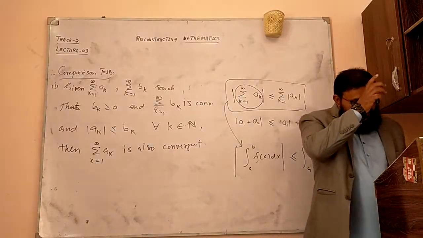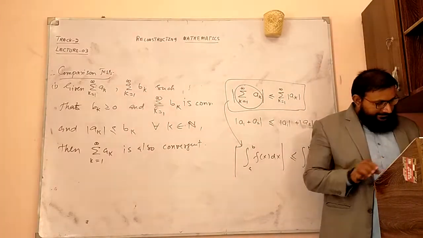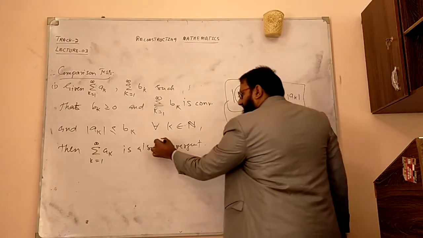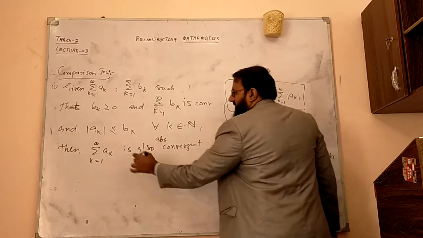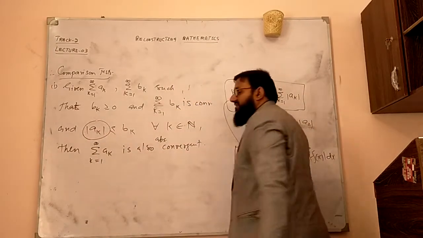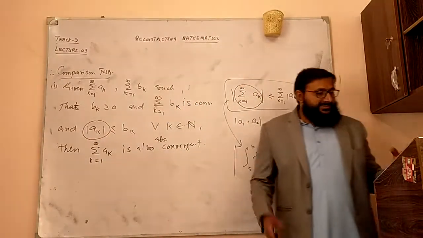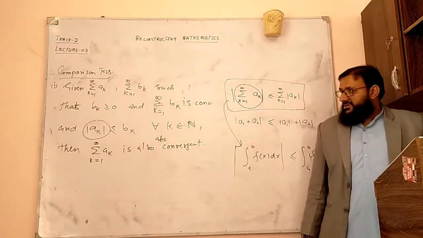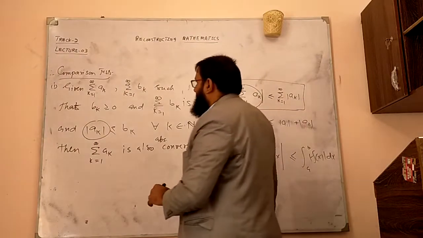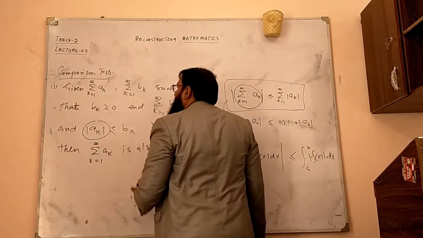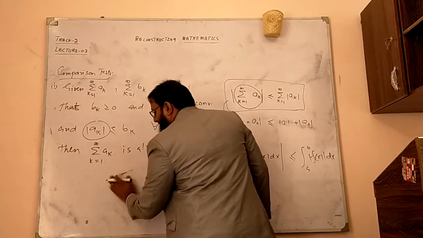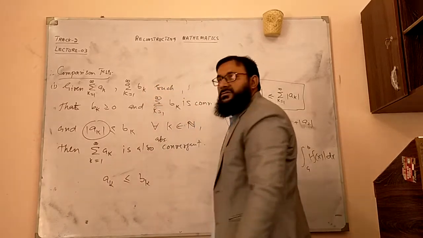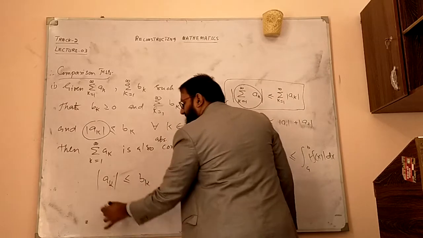This is one of the comparison tests. But we may call it absolute convergence as well, because we have checked convergence in this way. If something is absolutely convergent, obviously that series will be convergent. Each term of a_k is less than or equal to b_k in absolute value.